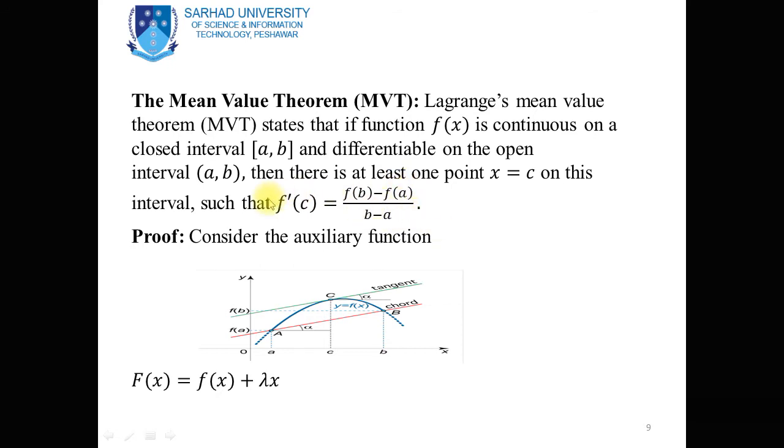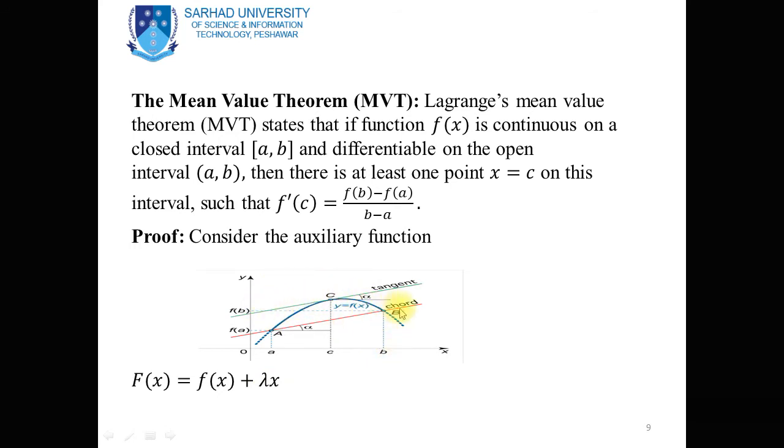Now for the proof, you see over here, consider the auxiliary function F(x) = f(x) + λx. This capital F(x) is equal to small f(x) plus λx, and this is the graph of the function like you see over here.